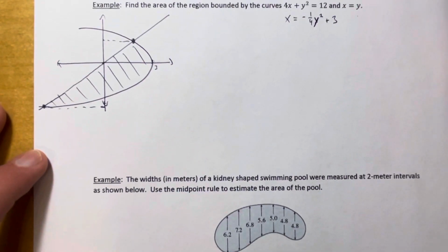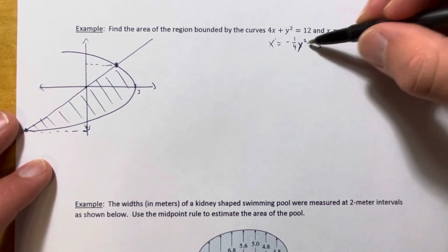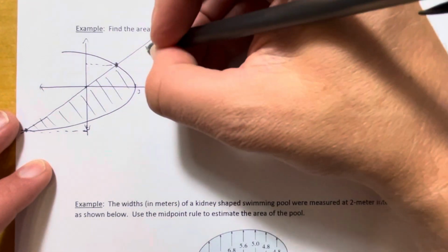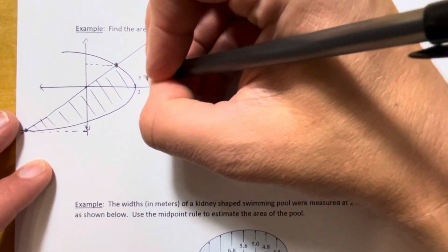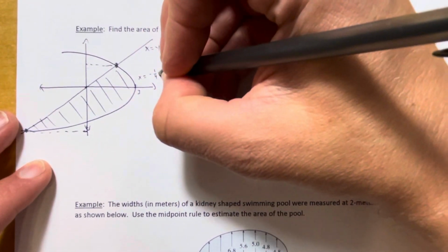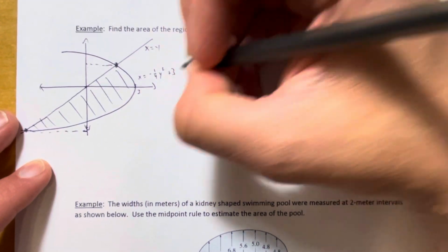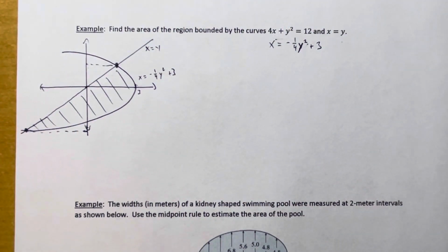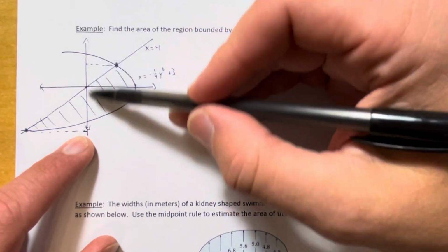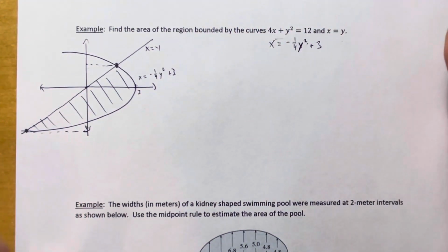And again, remember, because we are looking at x as a function of y in both cases, x equals y here, x equals -1/4 y squared plus 3 here, I have to think of my interval as being on the y-axis, not on the x-axis.